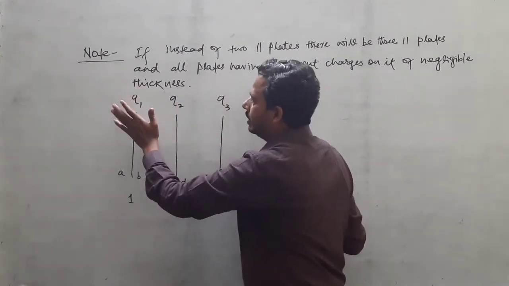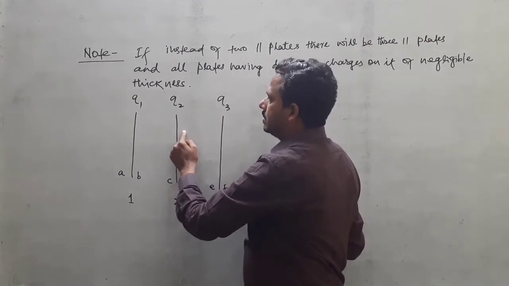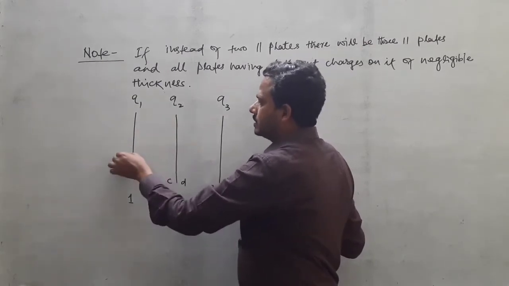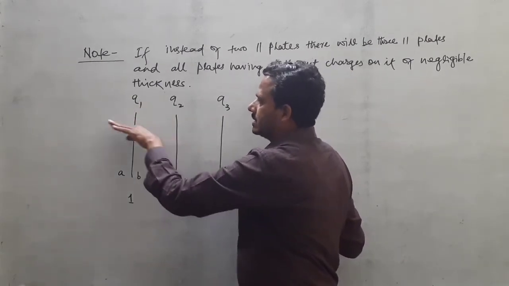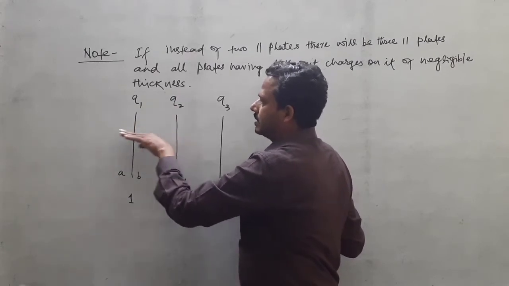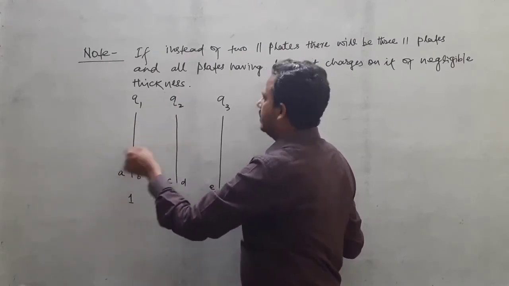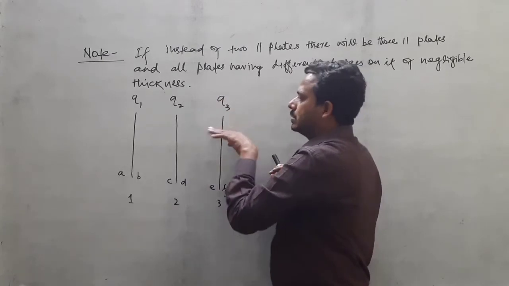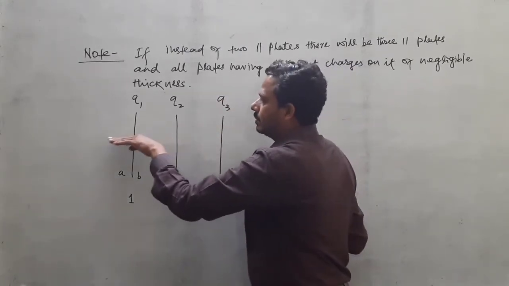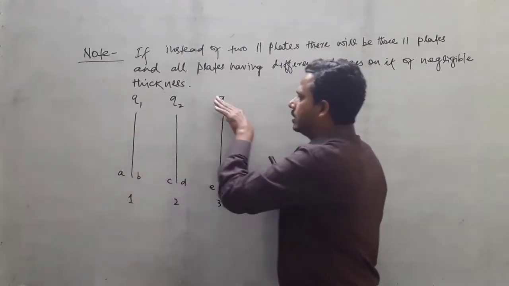What is happening? Due to this charge distribution, the electric field at this place, due to this one is in this direction, due to this one in this direction. So here due to charge Q3 it is also in this direction. So Q1 by 2, Q2 by 2 and Q3 by 2.